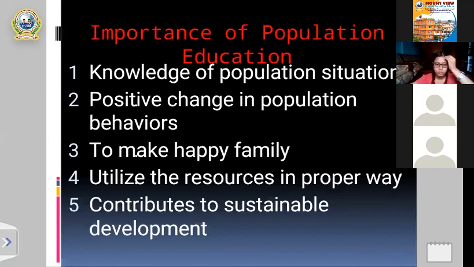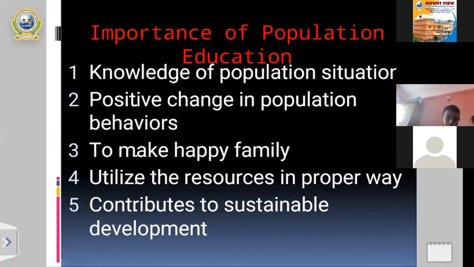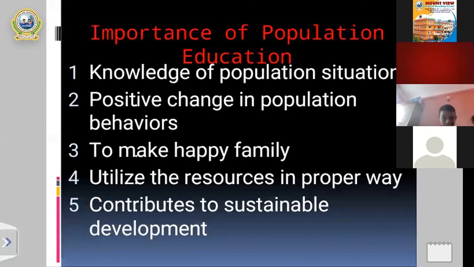Plus, if we manage the population, sufficient resources will be available that we can use for different development activities in the long term. So population education helps to create long-term, sustainable development.